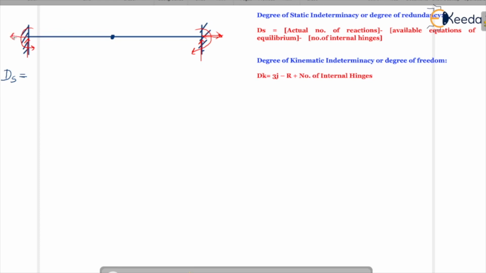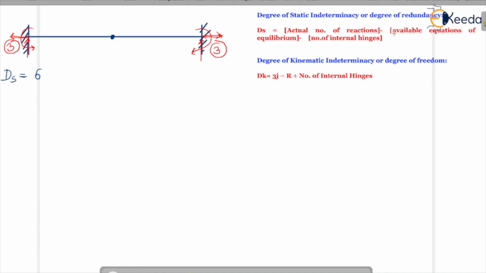This can be under tension or under compression, and we can show it in any direction. So three reactions, three unknowns here and three unknowns there. The actual number of reactions is 3 plus 3, so we have a total of 6.